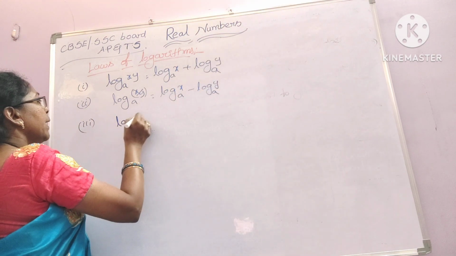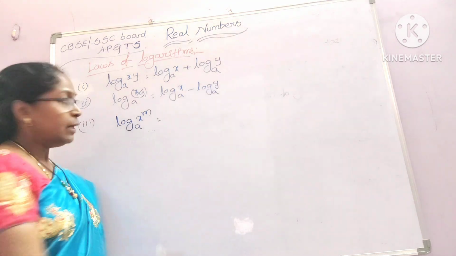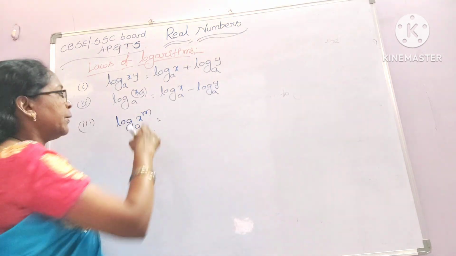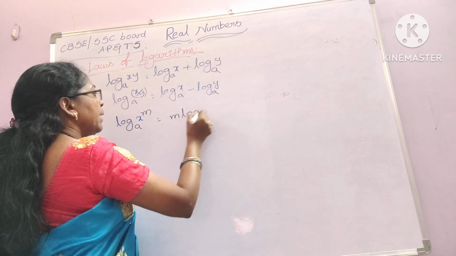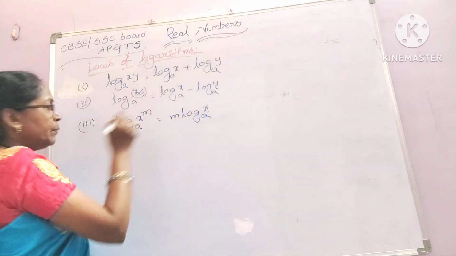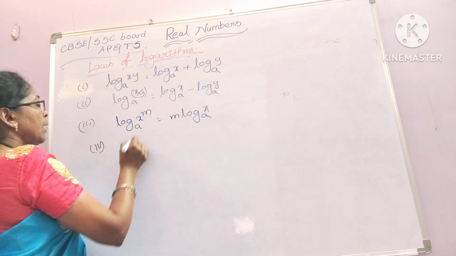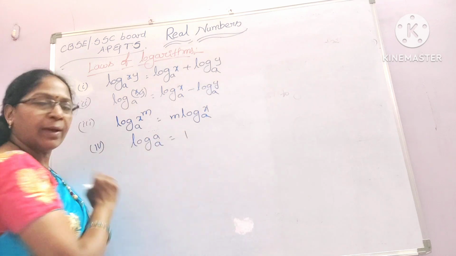Now log x to the power of m base a equals m log x base a. This is the exponent rule, the power goes to the front. Next, the fourth one: log a base a equals 1.